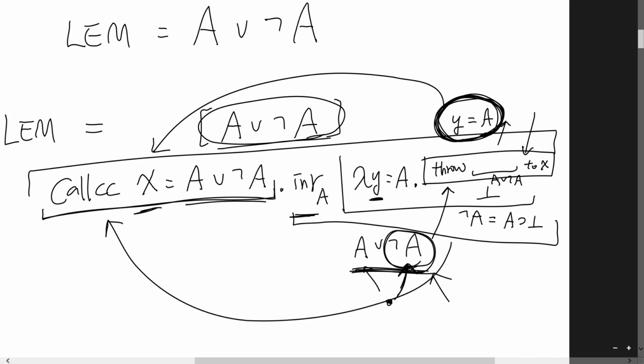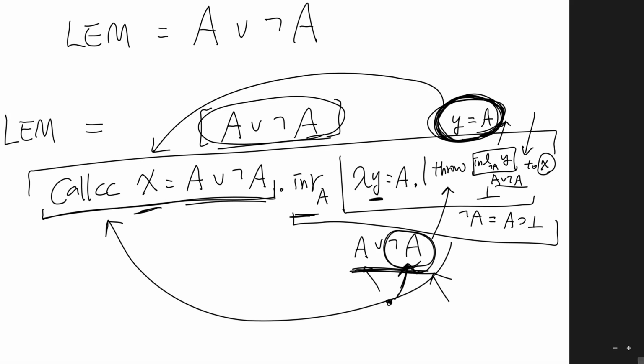Because we have a value of type A, we can now construct a value of type A disjunction negation A using injection left y with the annotation negation A. And then we pass this injection left y to this context x.